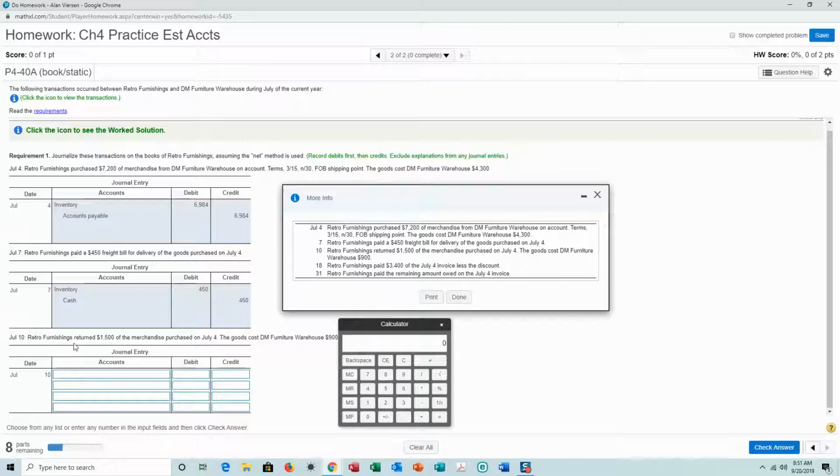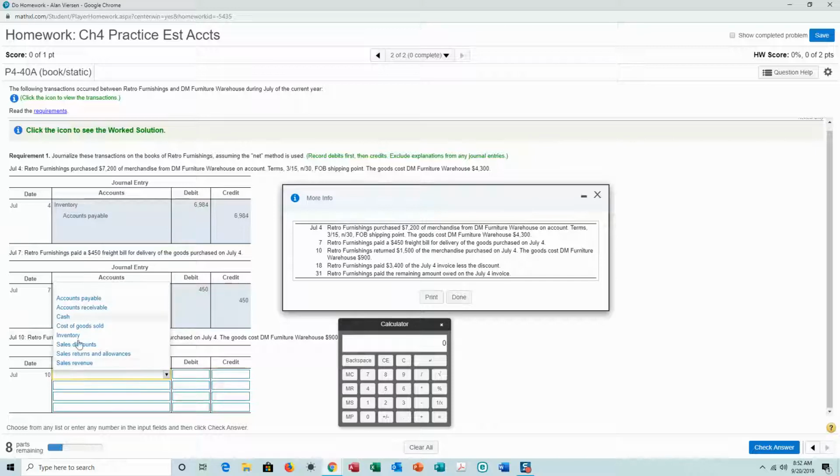Now we're going to make a return of $1,500 of merchandise from the July 4th purchase that we had. Again, the cost of goods was $900, but we're purchasing, so that does not apply to us. So when you do a purchase return, you're basically reversing your purchase.